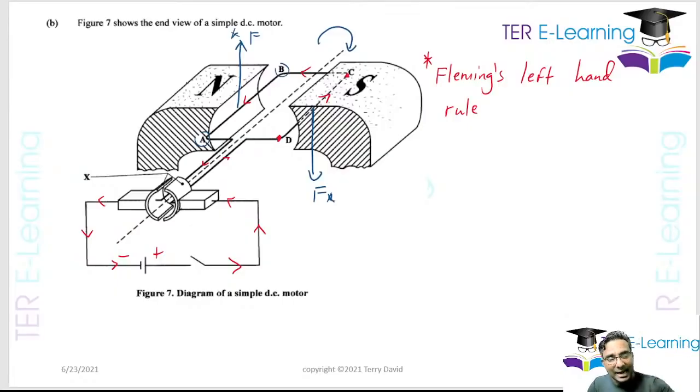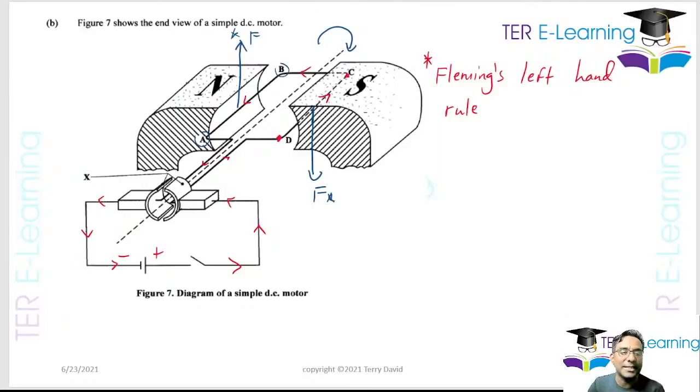This same circuit, they could ask a question like this. This is a simple DC motor, and if I want to convert this into an AC generator, there's a modification I need to make.